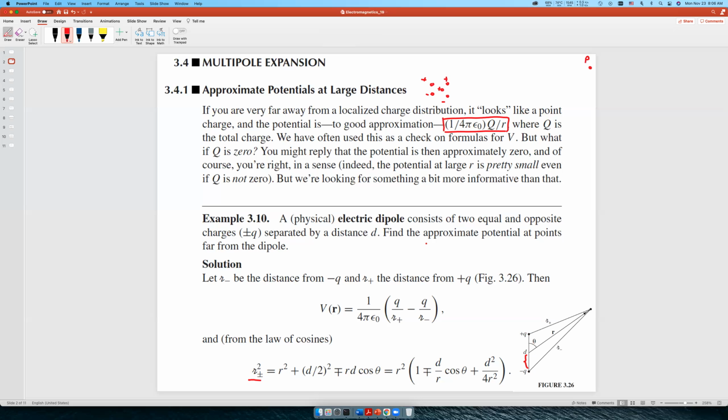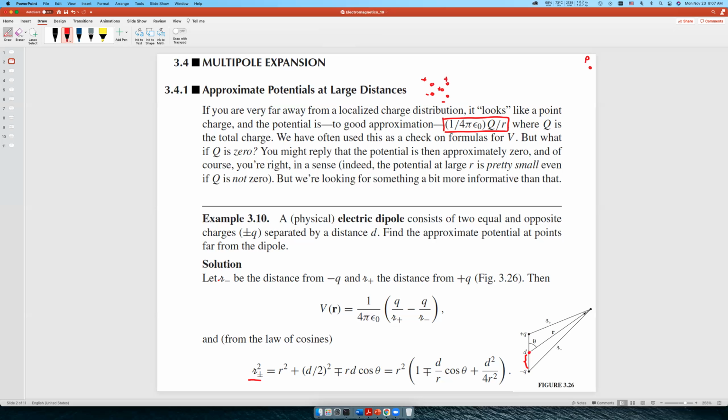And let's find the approximate potential at a point far from the dipole. Let's see, the point is here. We want to find the potential here. And the distance between this location and the center of plus Q and minus Q is r. Notice that this is the center of plus and negative Q.